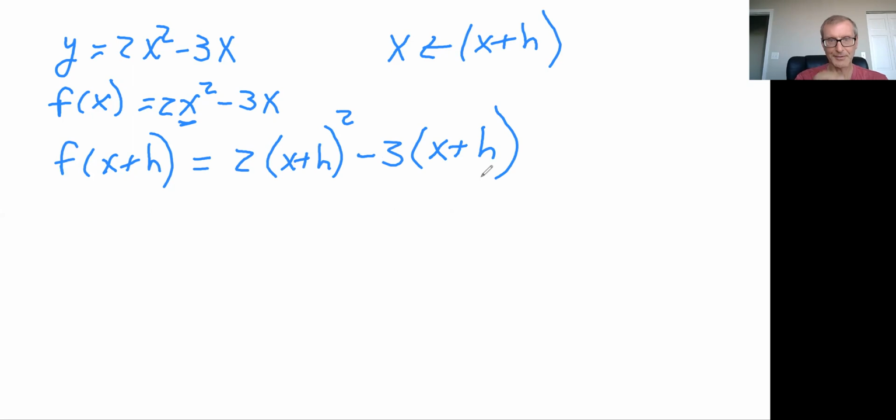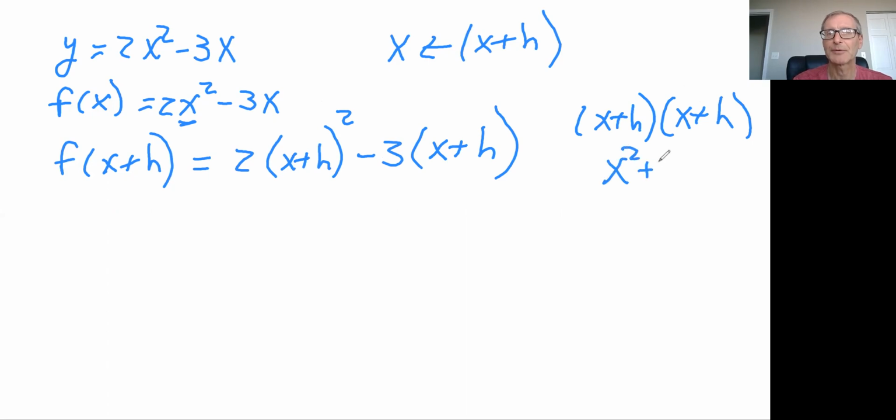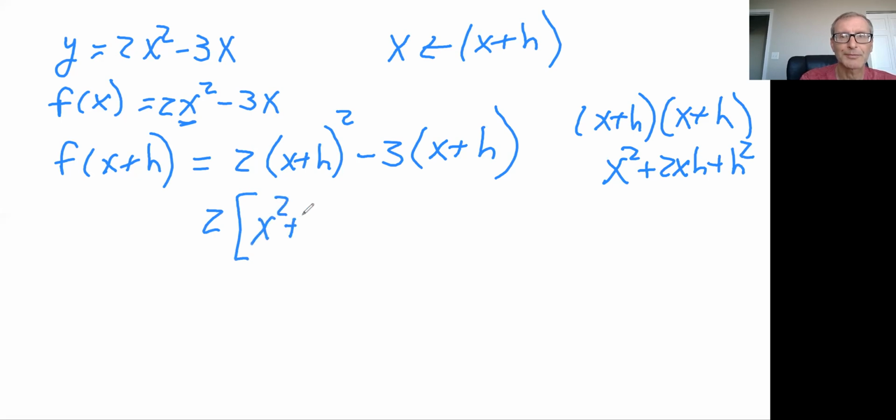So with regards to that, we want to expand this out. And remember, this is x plus h times x plus h. And when you expand that out, you would get x squared plus 2xh plus h squared. So this would be 2 times x squared plus 2xh plus h squared.